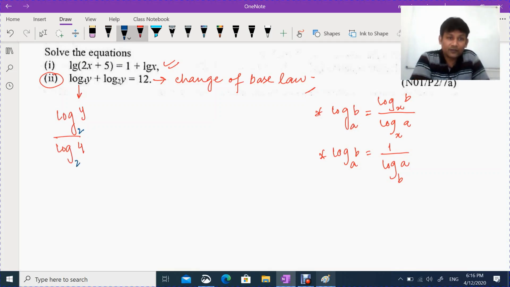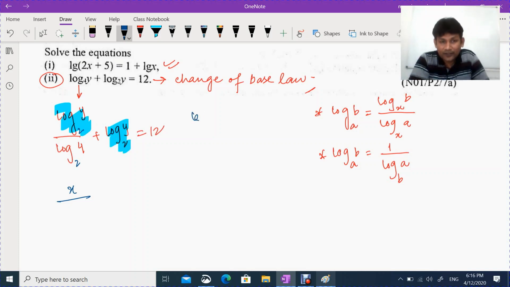What are the benefits? This log base 2 of y equals 12. We already have log base 2 of y, so we can suppose let log base 2 of y equal x, to make my work easy.